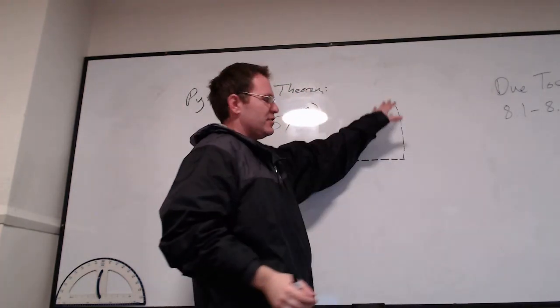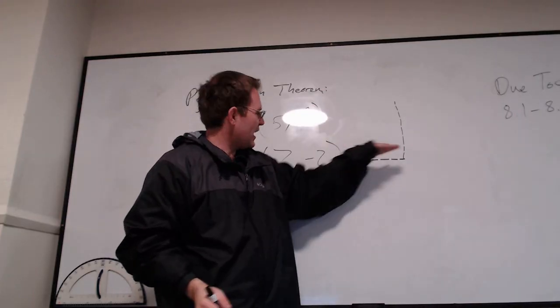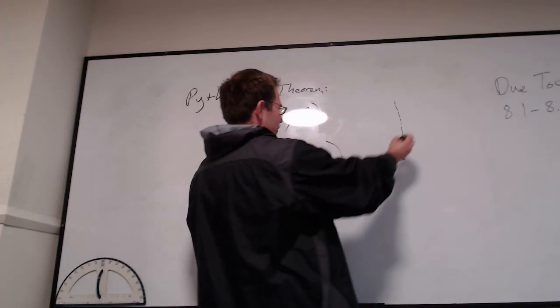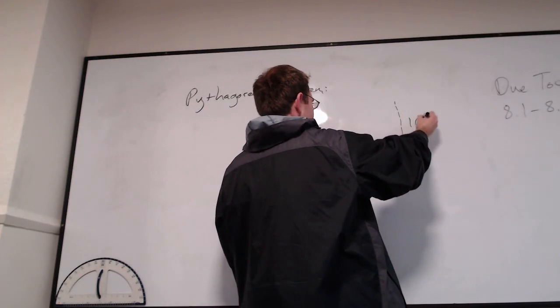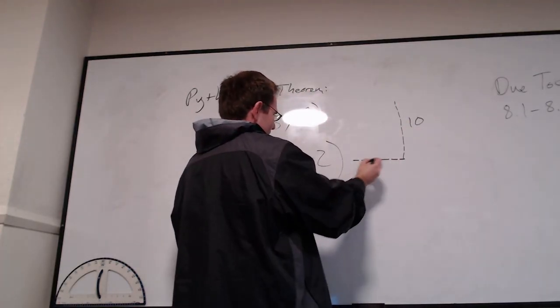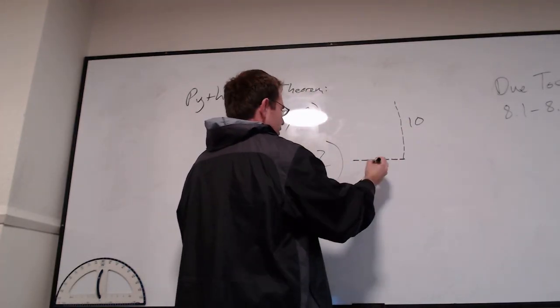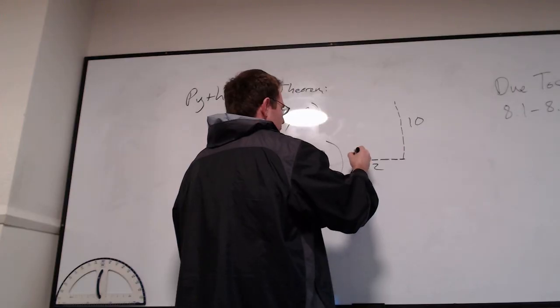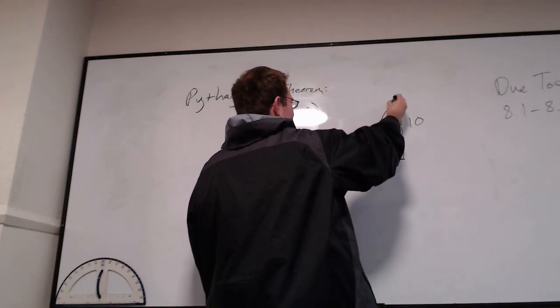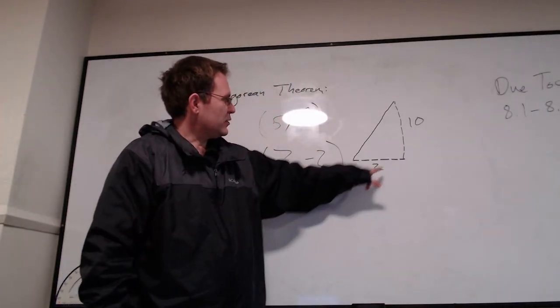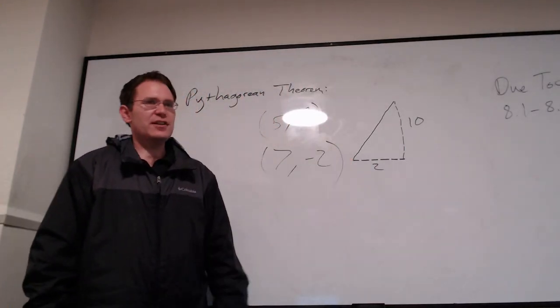You can think about this as, we find out that the distance here is 10, and we found out that the distance here is 2. So then what we're really looking for is the distance between these 2 points. So it's just a direct application of the Pythagorean theorem.